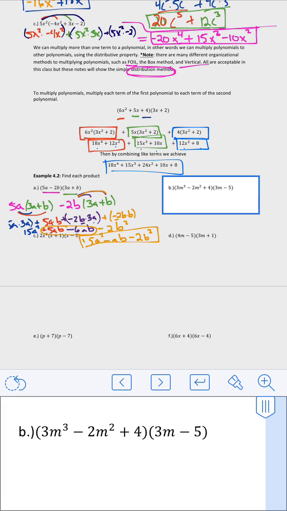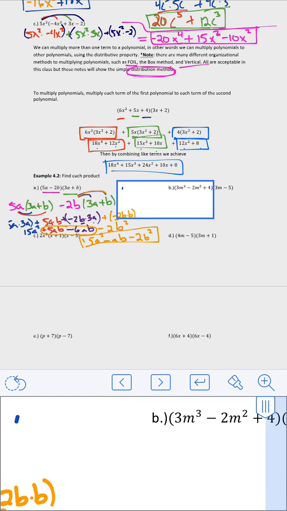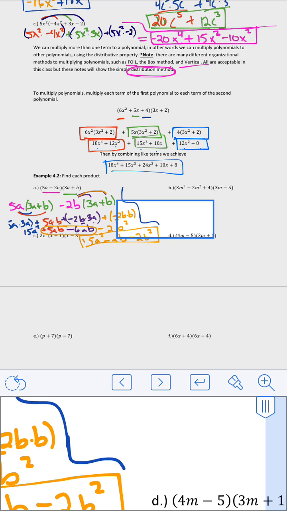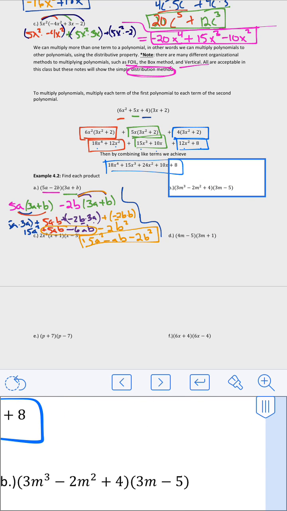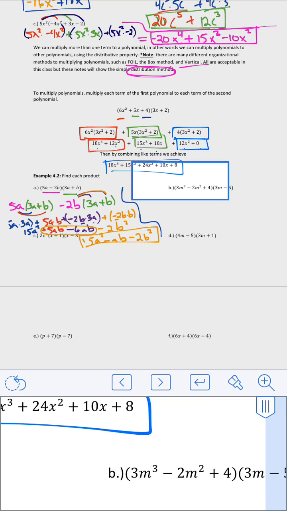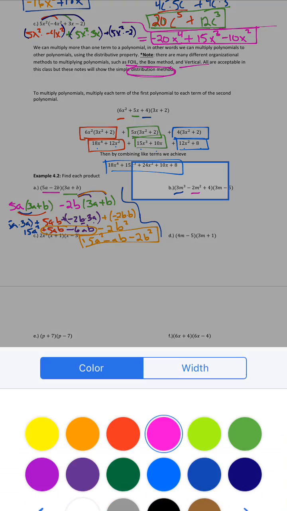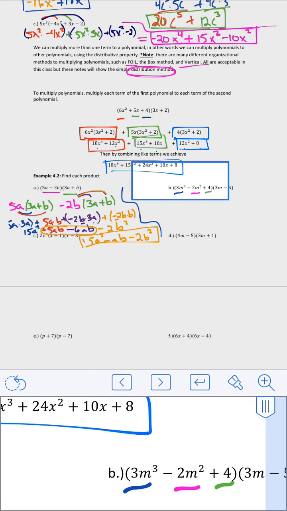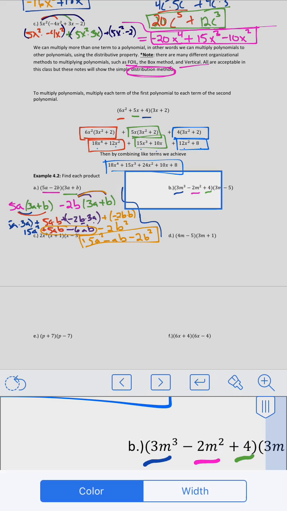Alrighty, I hope you've had some time to pause the problem. I'm going to try and be real squishy about this, so I'm going to kind of block off our last problem here. I've got a trinomial times a binomial. So I'm going to go ahead and split up this trinomial into three separate monomials, right? I'm splitting it up into three terms. So I'll start with one at a time.